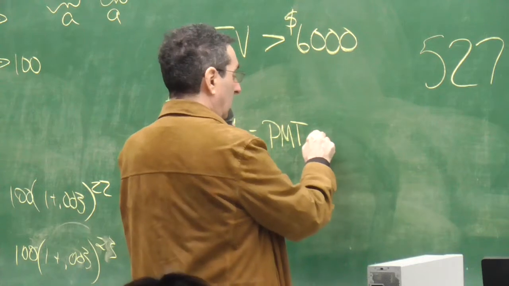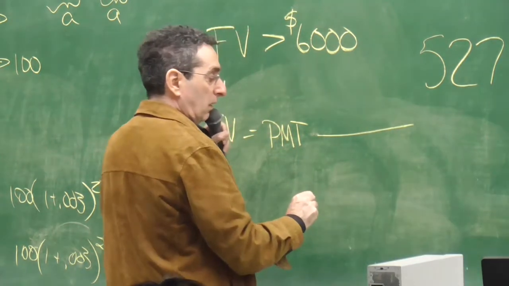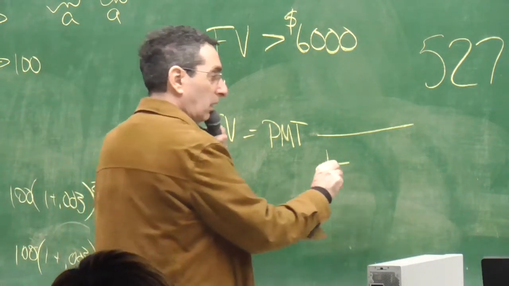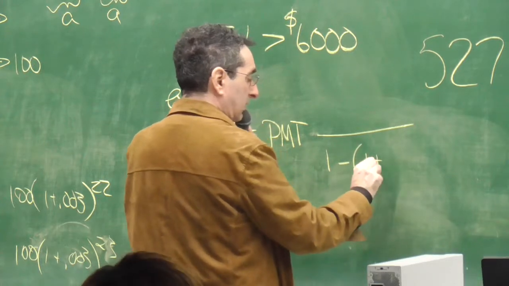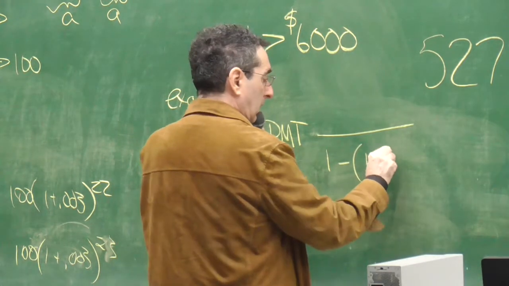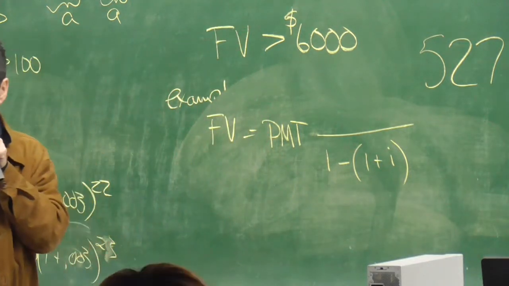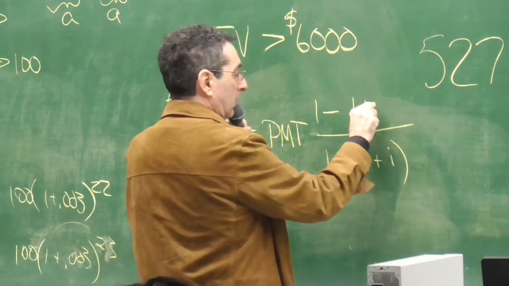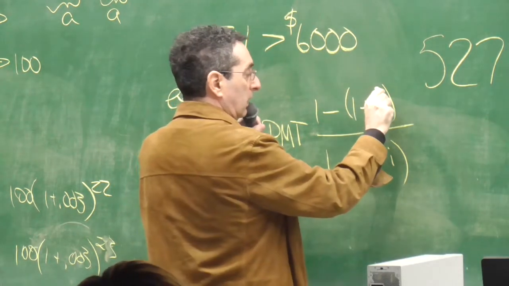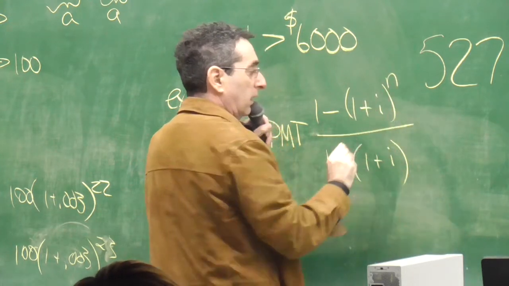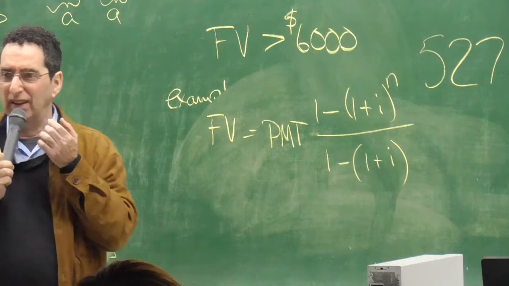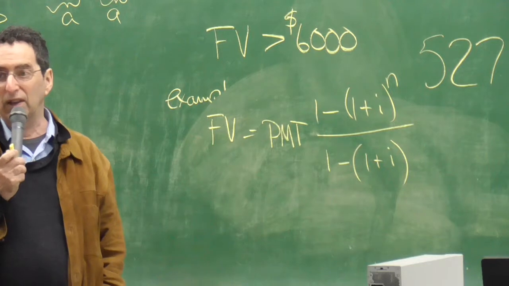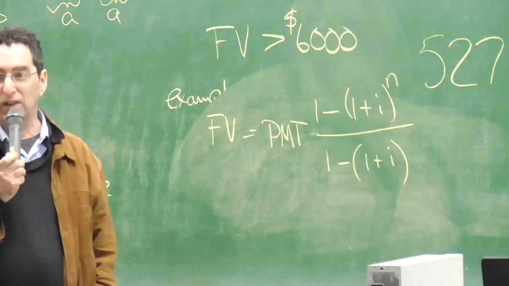And then we have something here. We have 1 minus, what's this? 1 plus I. Right? Okay, and what's this? 1 minus 1 plus I to the n. I think it's n, yeah. Okay? All right, so that's the formula. Everyone agree with that formula?